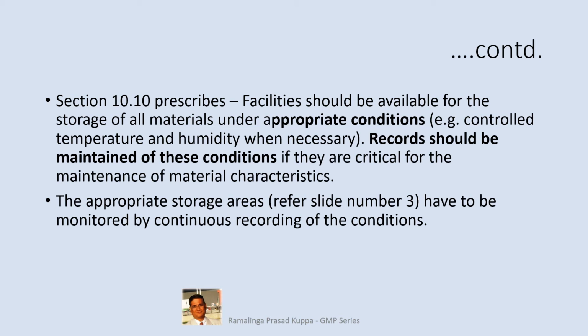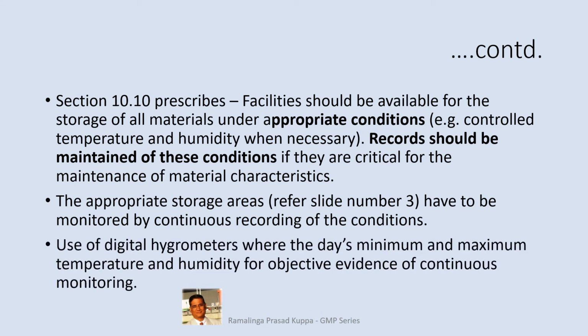The storage areas information is already provided in slide number 3. Use of digital hygrometers, where the day's minimum and maximum temperature and humidity are recorded, provides objective evidence of continuous monitoring. For this kind of manual data recording, all ALCOA principles should be in place.